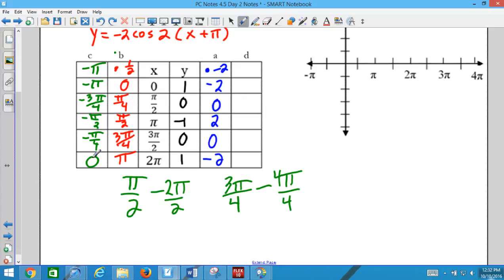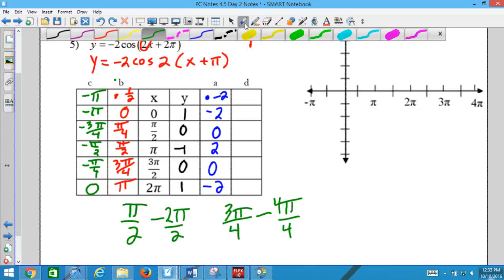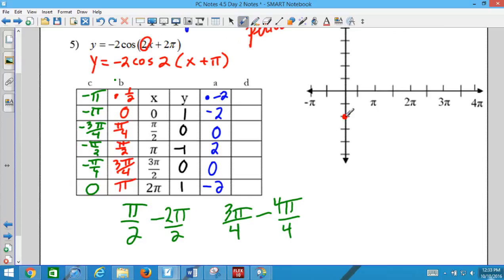And then I'm going to do what I did before. I'm going to plot the red ones and then just shift it pi over. But you can certainly just plot the green/blue the way they are. I'm going to plot the x, y. So that's my key points, and then I'm going to shift those over pi. And up here, how many lines is pi? Here, pi is how many little lines?